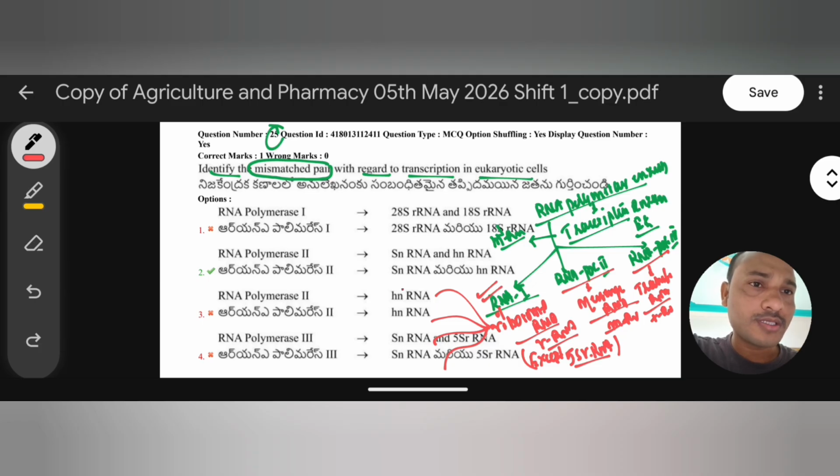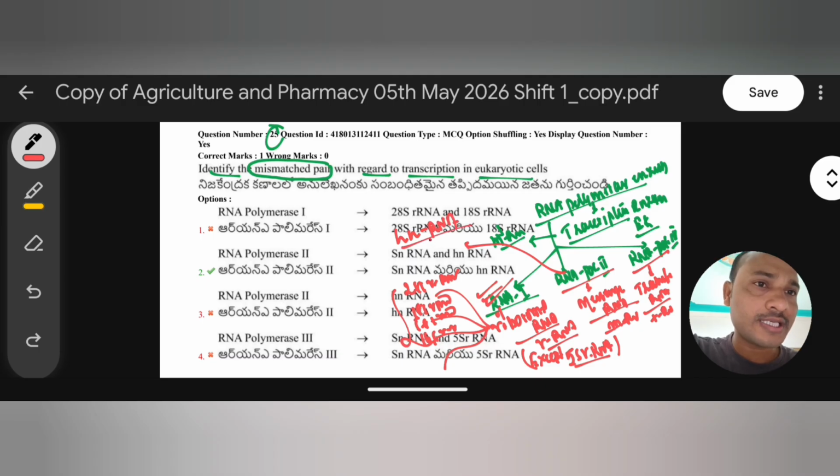Like 28S rRNA, 18S rRNA, and 5.8S rRNA. Okay, 5.8, 28, 18, and also we have 16S rRNA. All these types of RNA are synthesized by RNA polymerase 1, except 5S rRNA. Remember. Now coming to RNA polymerase 2, which synthesizes mainly mRNA, and the precursor of mRNA is HnRNA.